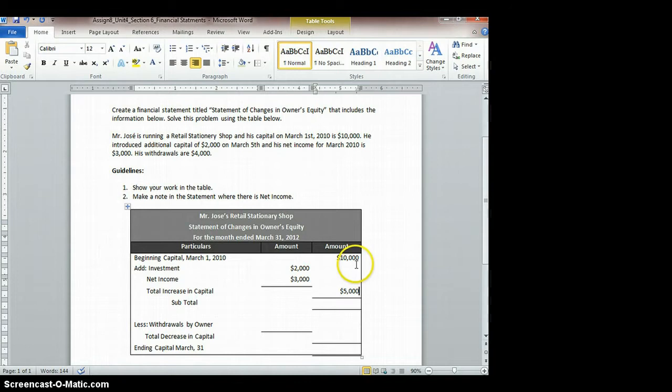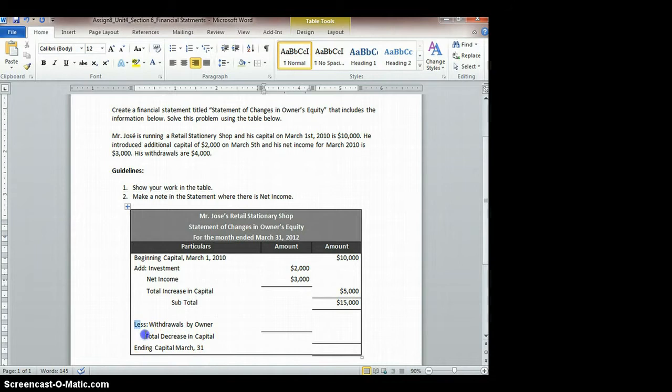Okay, and then we want to get a subtotal of our totals and add that here. Okay, so that's the subtotal of our investments plus our original capital at the beginning of the month. So now we want to subtract what we've withdrawn.